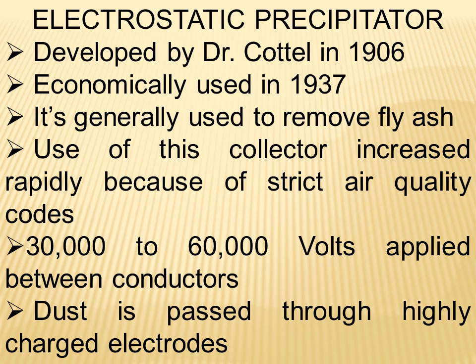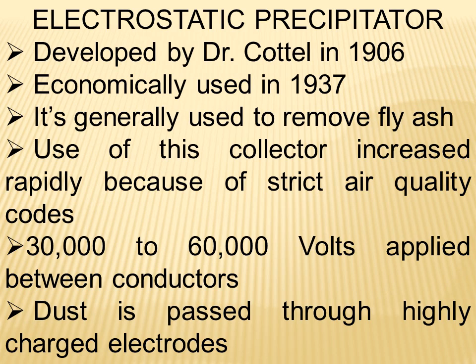Electrostatic precipitators are extensively used in removal of fly ash from electric utility boiler emissions. Use of this collector increased rapidly because of strict air quality codes given by the Government of India.